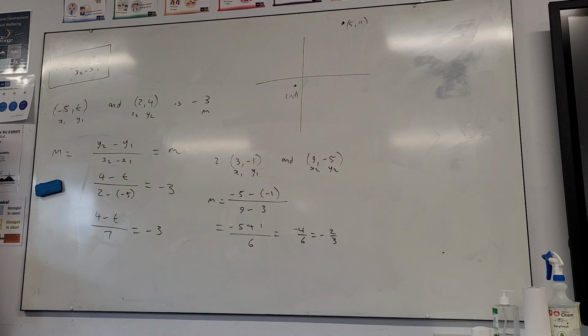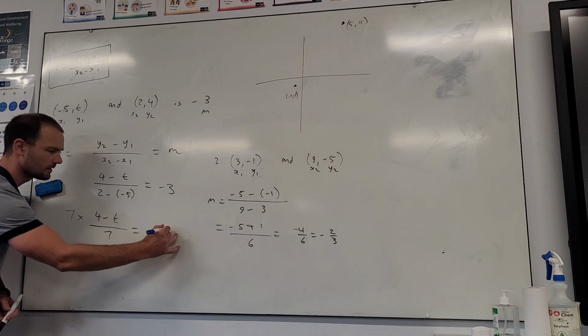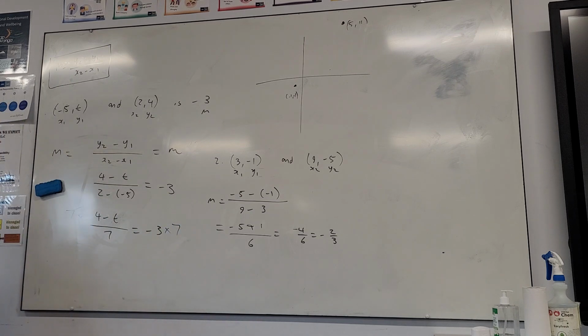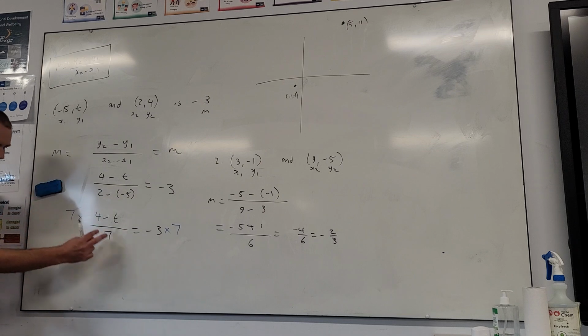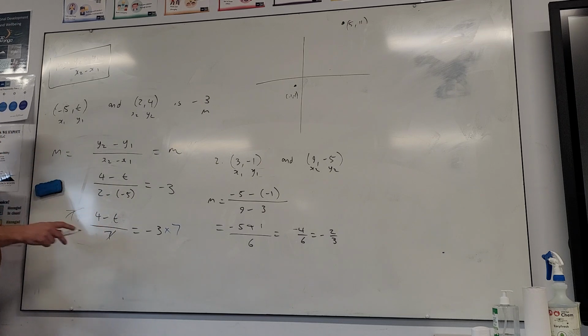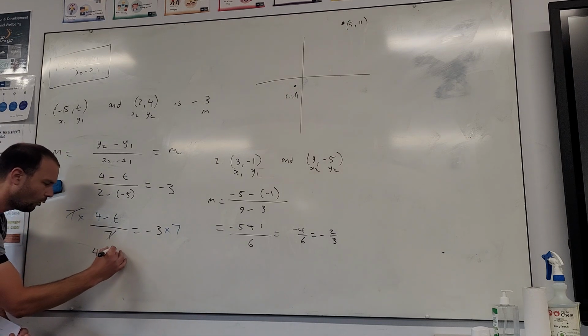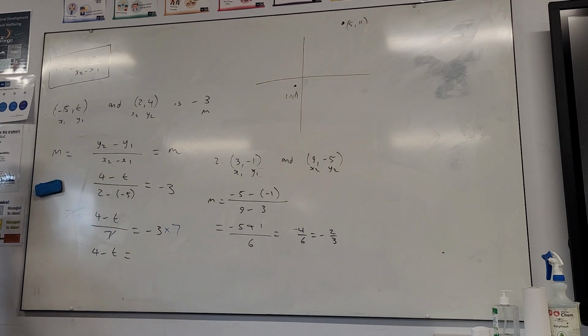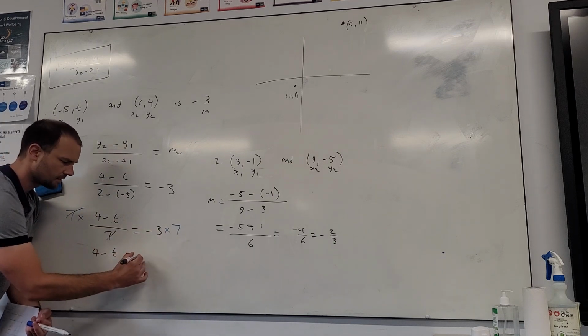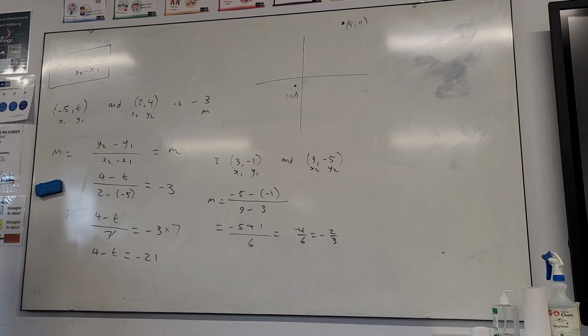I've got divide by 7. So the way I'm going to get rid of that is by multiplying both sides by 7. 7 times and 7 times. Now we've got 7 at the top and 7 at the bottom. They're going to cancel. So we wanted to get rid of it. So now we have 4 take away t is equal to minus 3 times 7, minus 21.